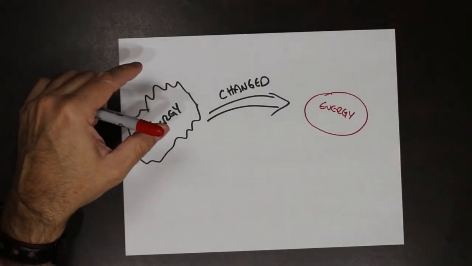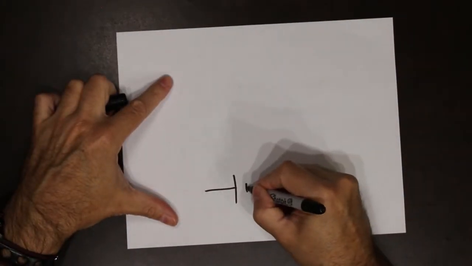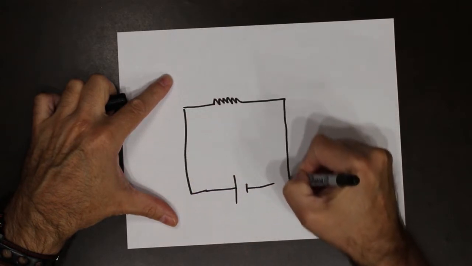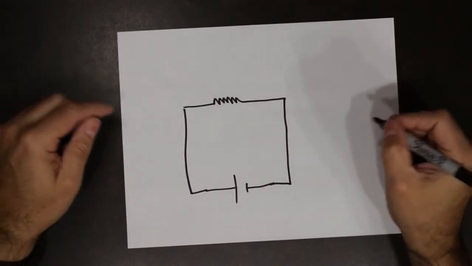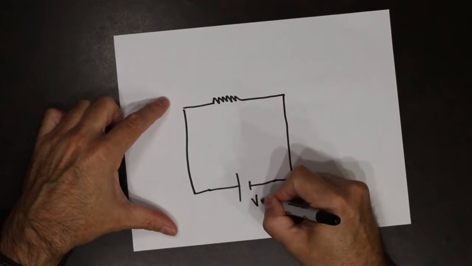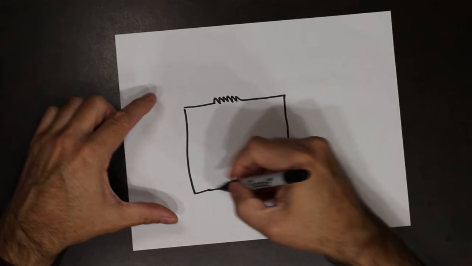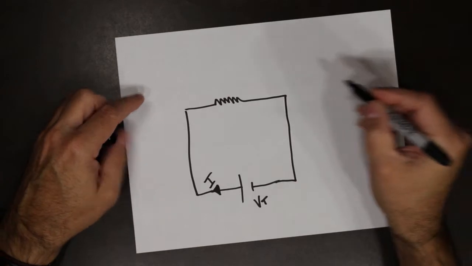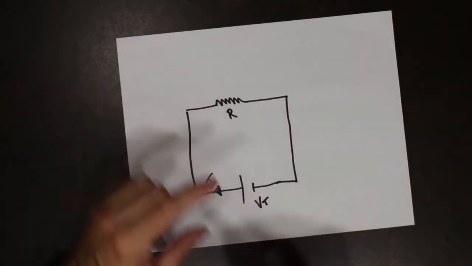So how does that actually translate into electronics, specifically resistors? Well, as we hook up a resistor to a power supply, so basically a potential energy source, we have current that is going to be created, and that current will flow through the resistance.